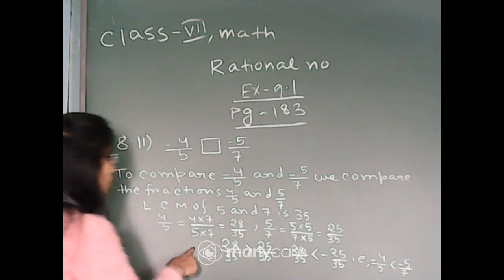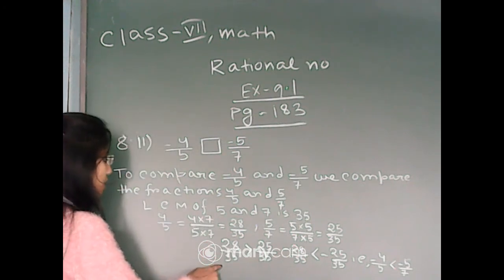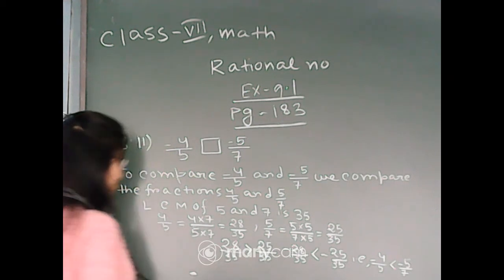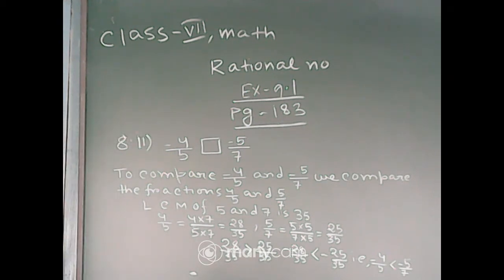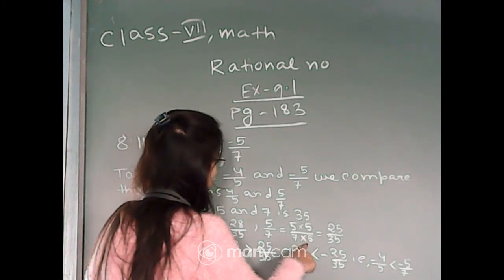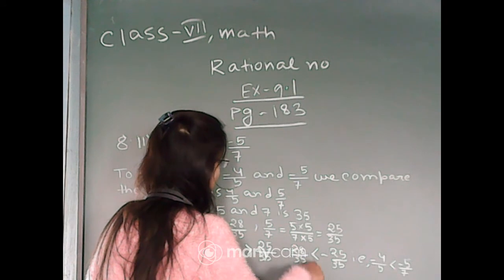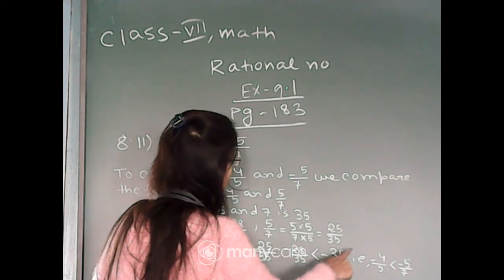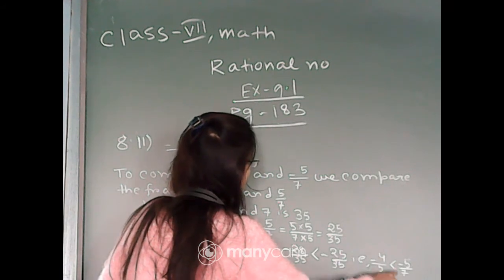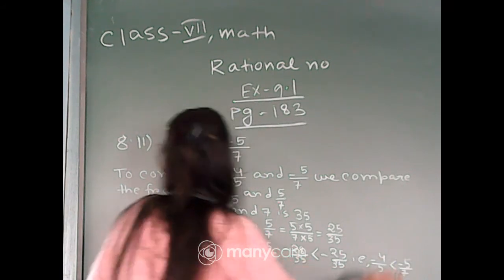Now clearly 28 divided by 35 is greater than 25 divided by 35, and multiplying by a negative sign, greater than becomes less than. So minus 4 by 5 is less than minus 5 by 7.